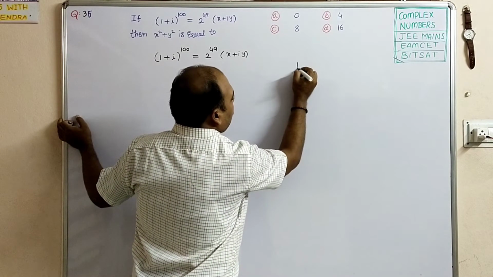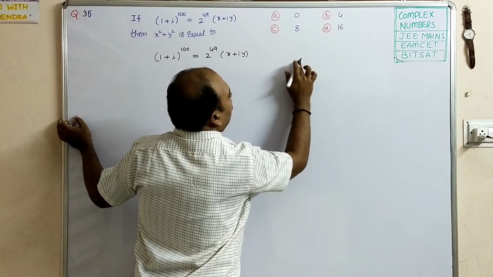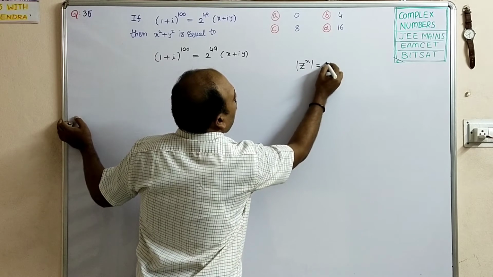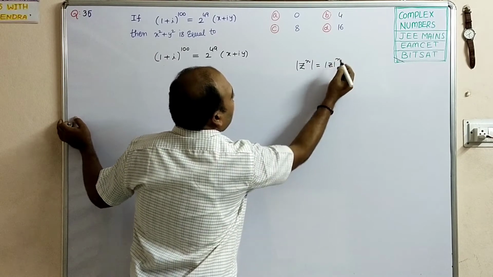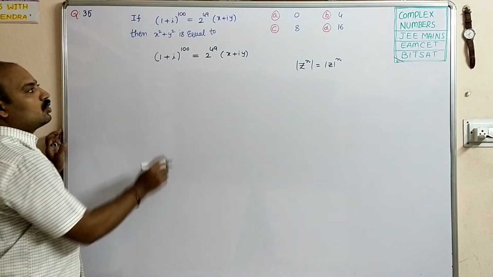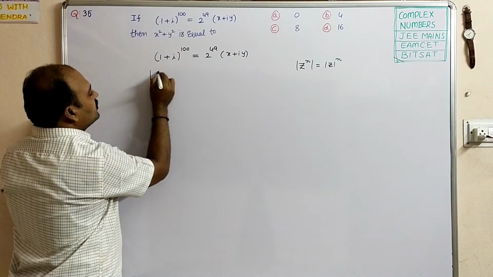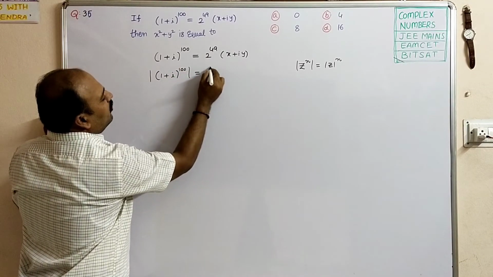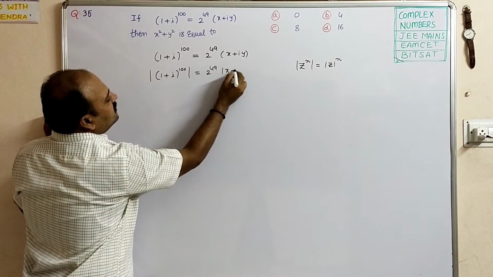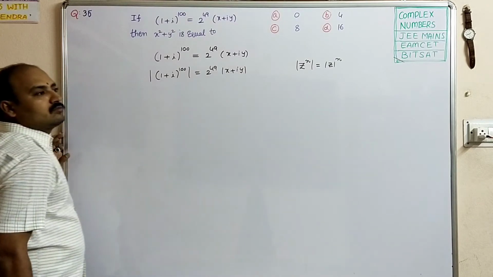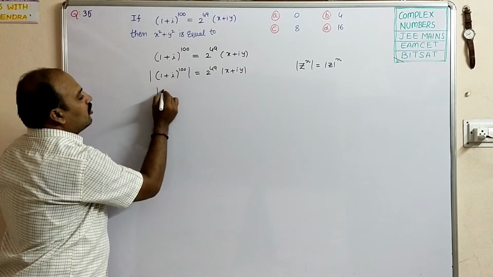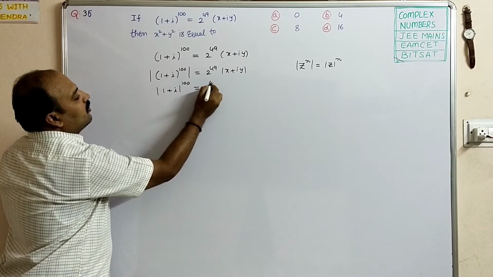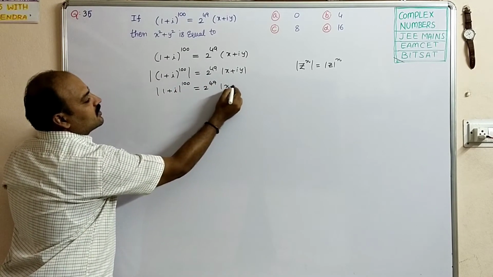We know that mod z power n is equal to mod z whole power n. Like this we can write it. So, taking modulus on both sides, mod of 1 plus i whole power 100 equal to 2 power 49 is constant, mod x plus iy.